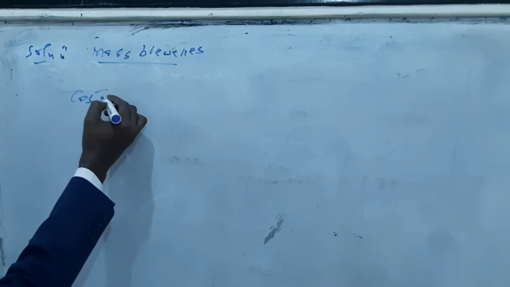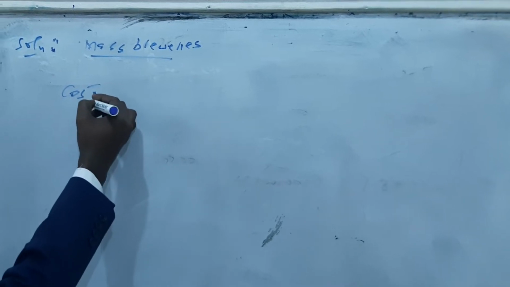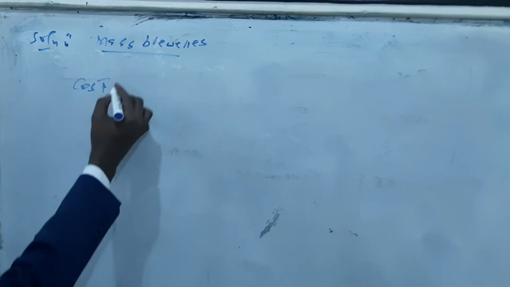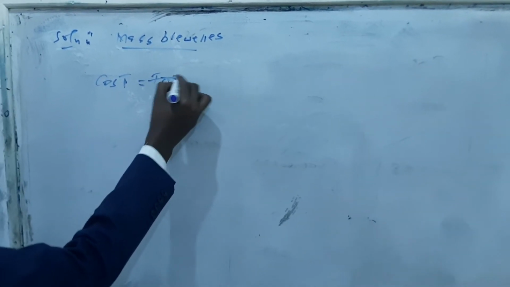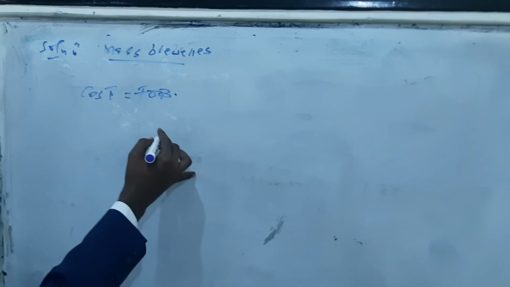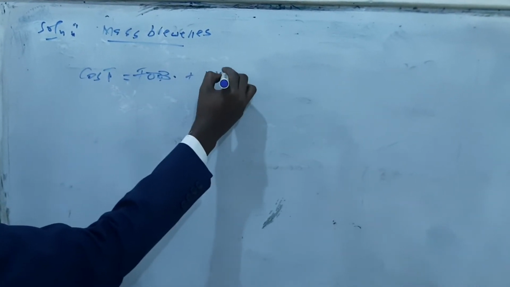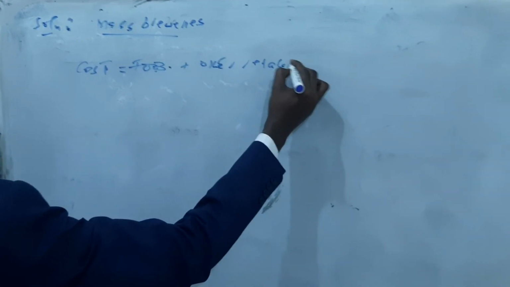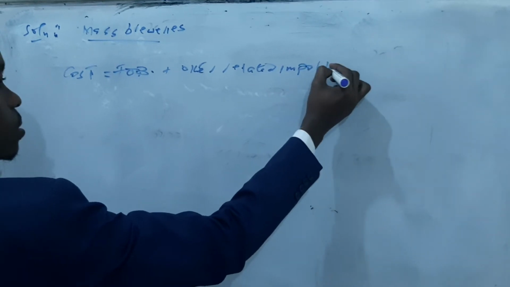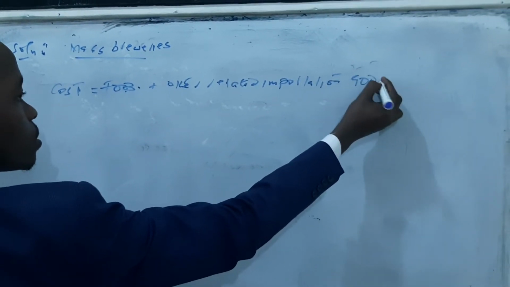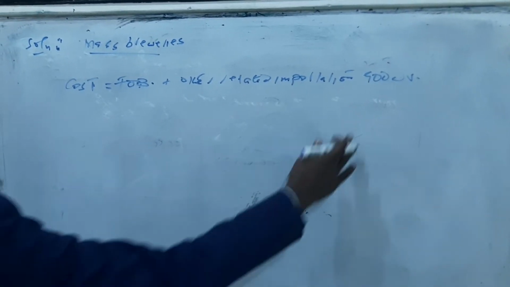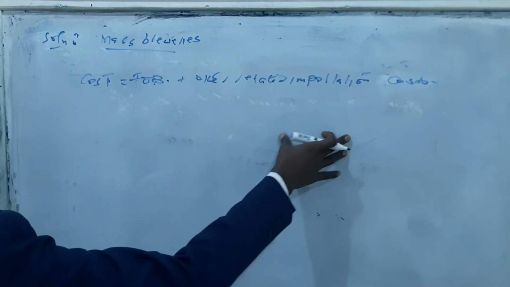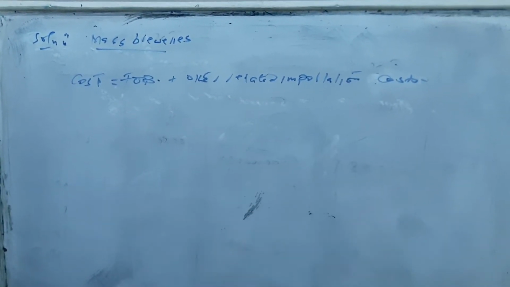So here we have the costs, which are related to the freights. We have the FOB, which is related to the goods, plus the other importation costs. When I talk of importation costs, we say the costs incurred before the port.